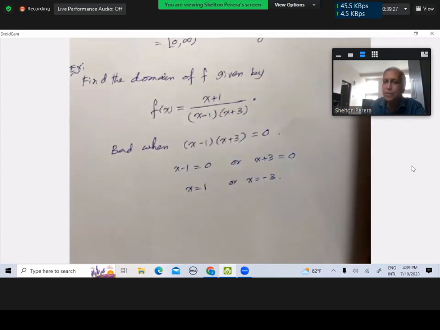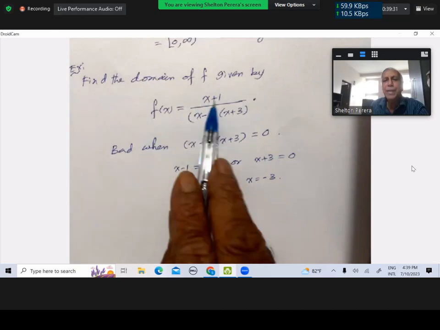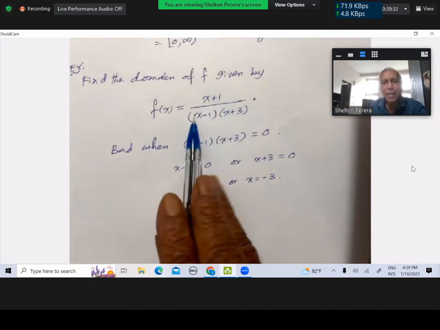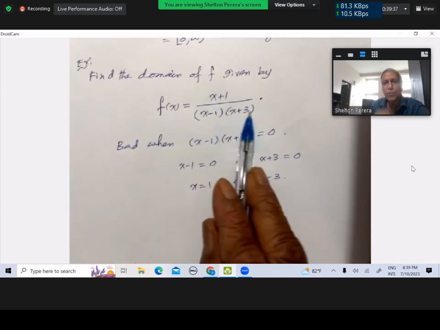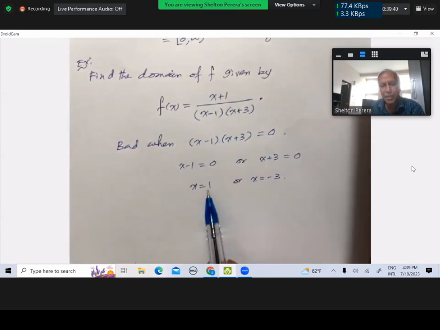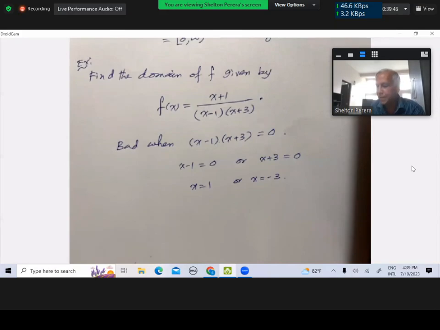For any other real number input, you get a real number divided by a non-zero real number, because x is not equal to 1 and not equal to minus 3. Then there is a real number as an output.